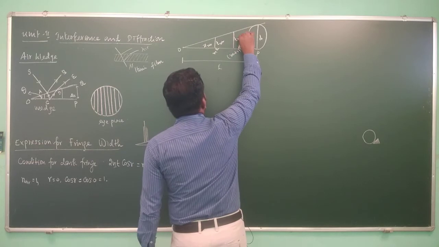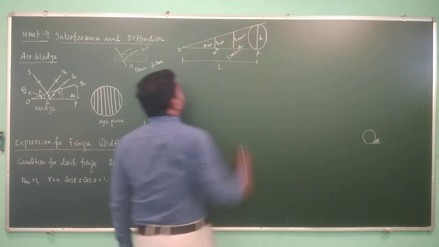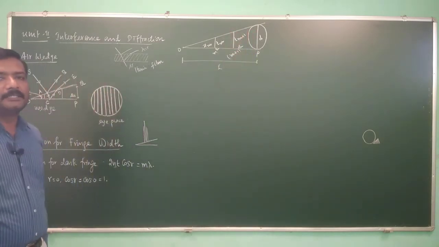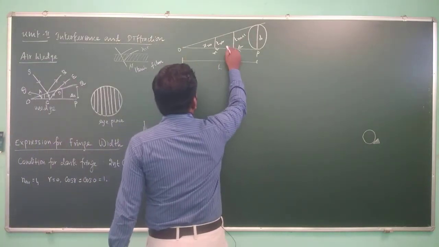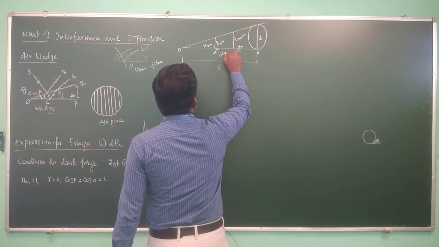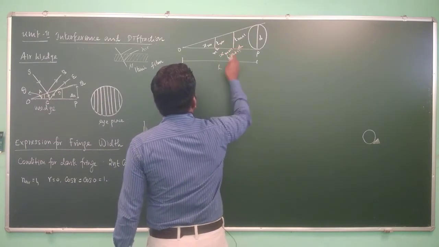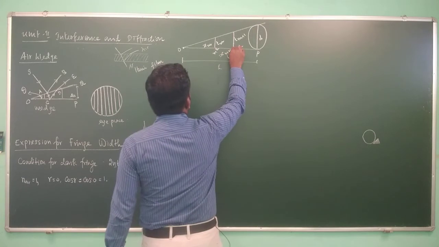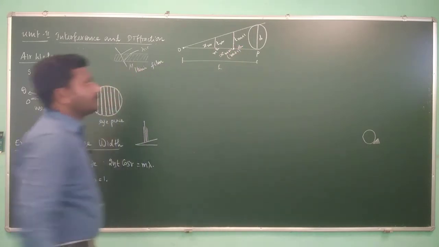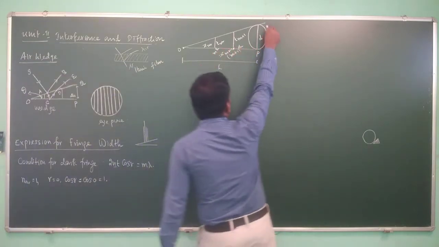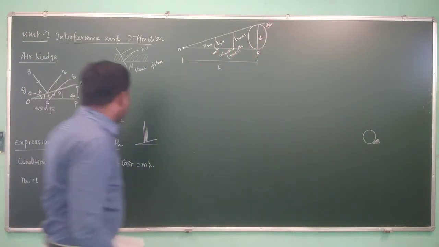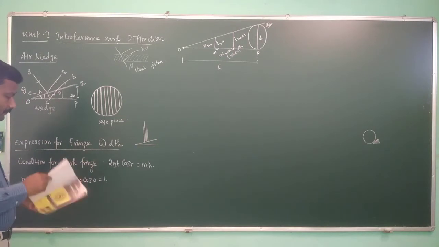In that case, this is the thickness for the m plus 1th fringe. For that, the distance from the origin would be x m plus 1, the distance from this point to this point.